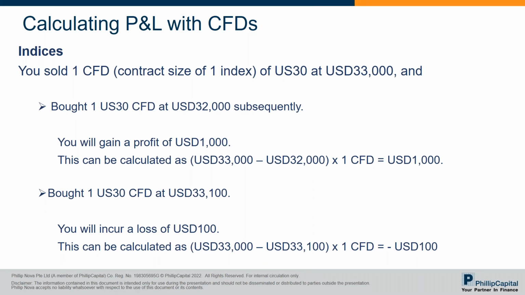You sold it at a high price, but bought it back at a cheaper price. So your P&L is calculated by 33K minus 32K, and that is your profit. Otherwise, if you bought it back at 33,100, then you'd incur a loss of $100.